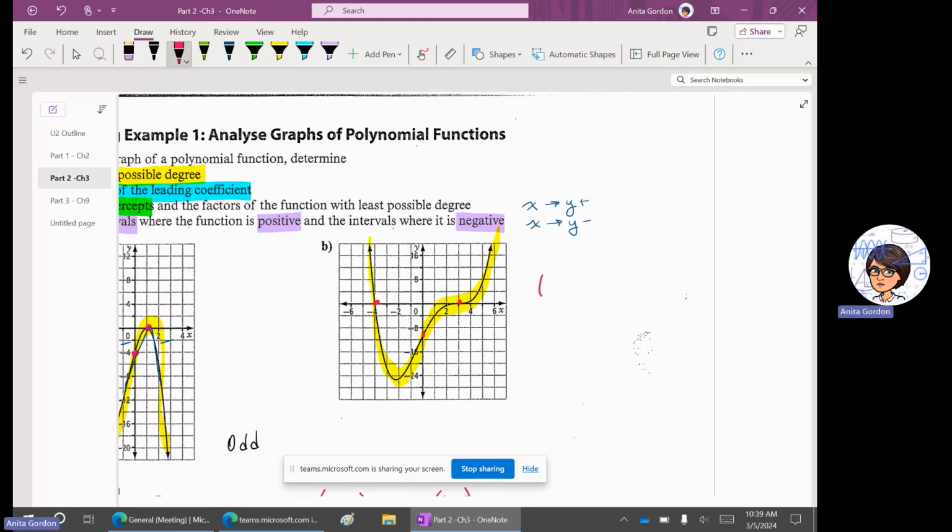My x-intercepts are at -4, 0 and +3, 0. In both cases, I'm going from positive to negative, crossing the boundary, from negative to positive, crossing the boundary. So I know these are going to have odd multiplicity.